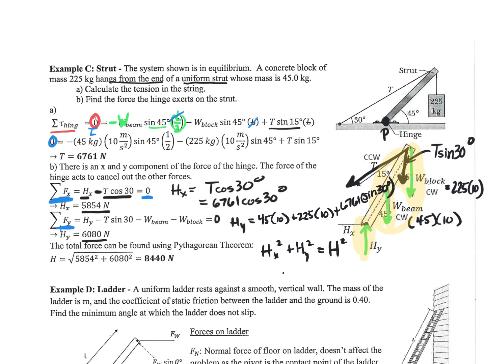So to find H, we simply take the square root of the sum of the squares. That's what I did. Took this and squared it, took this and squared it, added them together, took the square root, and you get a total of 8,440 newtons of force on that hinge pin.